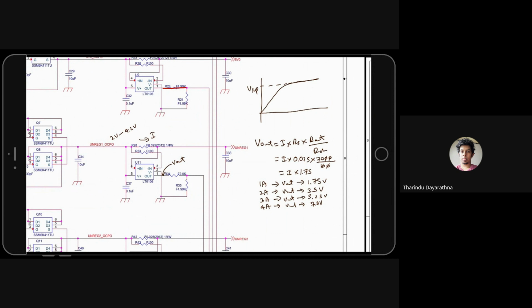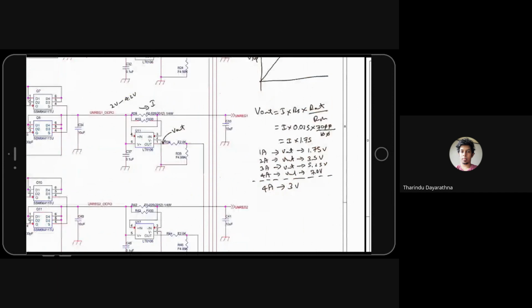We forgot that the input voltage is this one, and then we need to use a different method here. We need to aim for something like this. Let's aim for 3 volt output when 4 ampere goes. So how do we do this calculation?